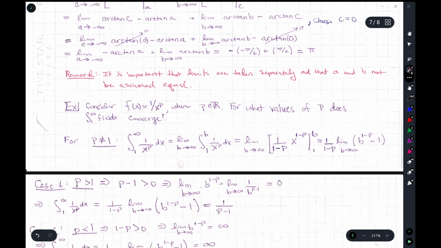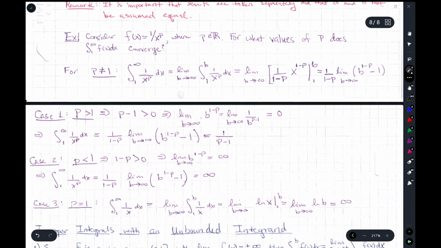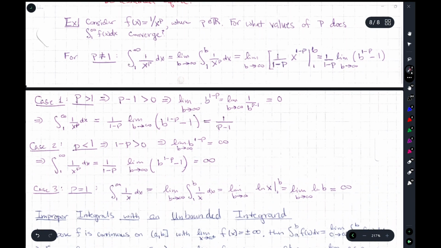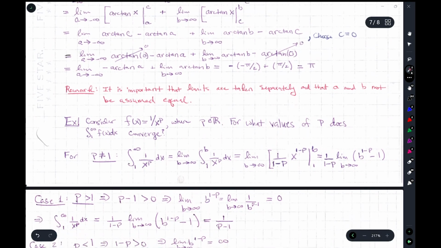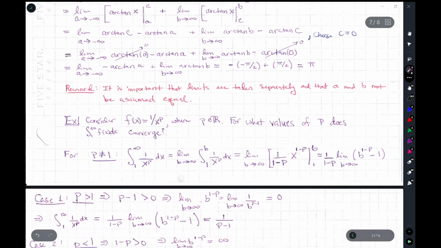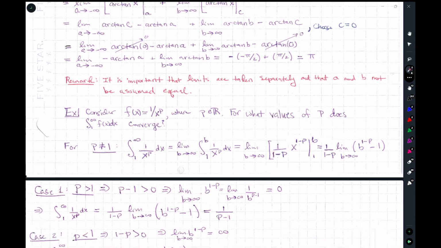Let's also take a look at functions of the form 1 over x^p. And now we'll look at it for all real numbers, but of course, only when p is positive do we have something that could potentially give us a bounded or convergent improper integral.